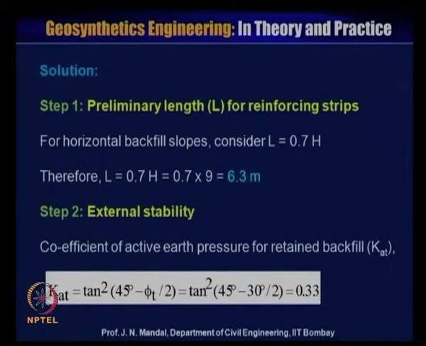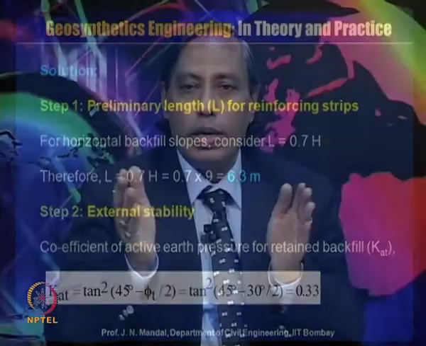Now, we will give you the solution for this. When you design the metallic reinforced retaining wall, you have to assume what will be the length of the reinforcement. I said that if the height of the wall is h, then the length of the reinforcement is 0.7 times h.